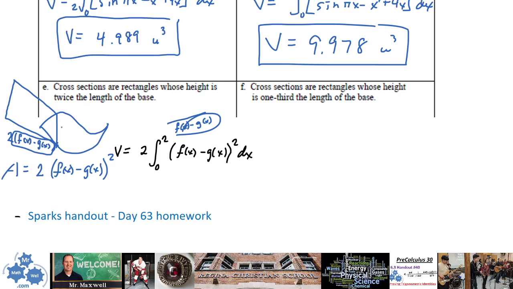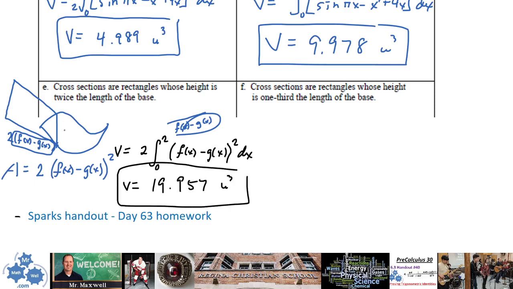So yeah, I would encourage you to draw a picture, make sure that everything matches up with what the wording says. So volume, again, punch this into your calculator. You should get 19.957, and that's going to be, of course, all of these rectangles with all of these varying lengths of bases, all of them added up together.